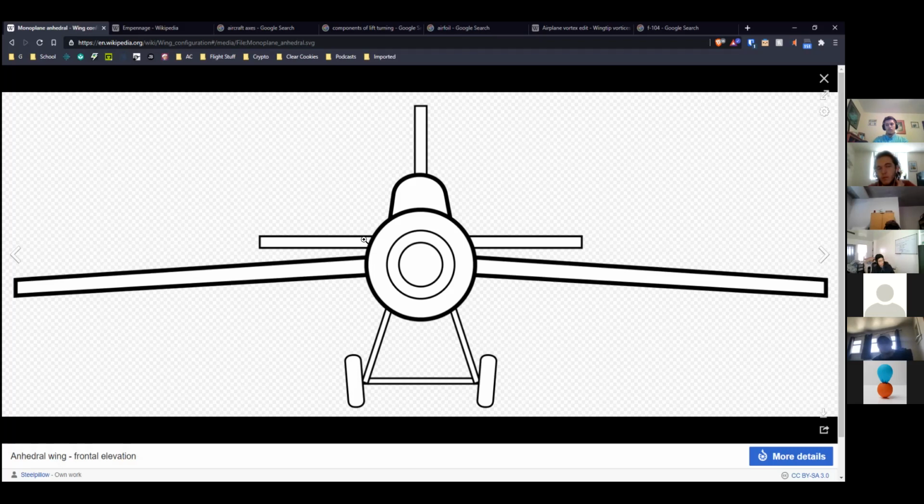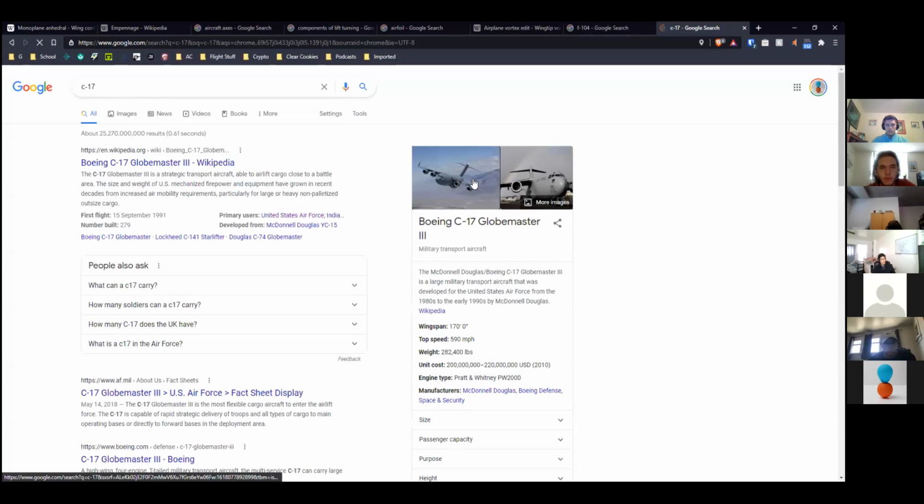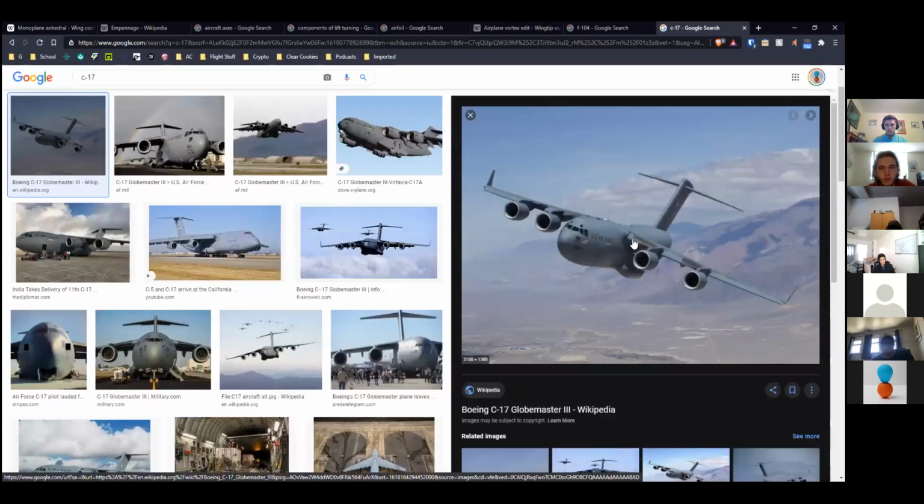And then since you have a high wing, you usually have so much room underneath the wing that you can afford to have a little bit of anhedral, which decreases your ground clearance. So the C-17 is a good example of that, I think. It's got a little anhedral going on where the wings point down, but the wing is already mounted on top of the plane, so there's plenty of room there.